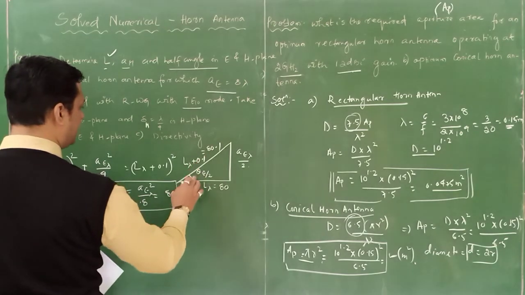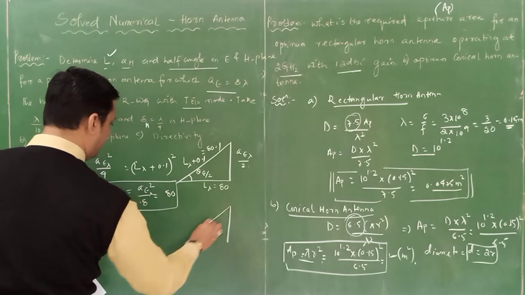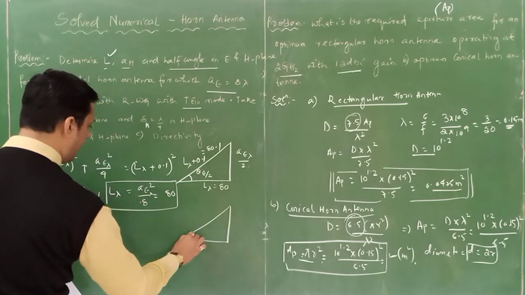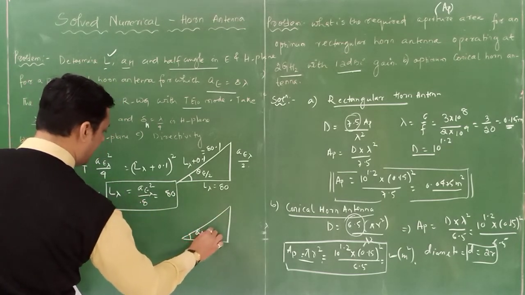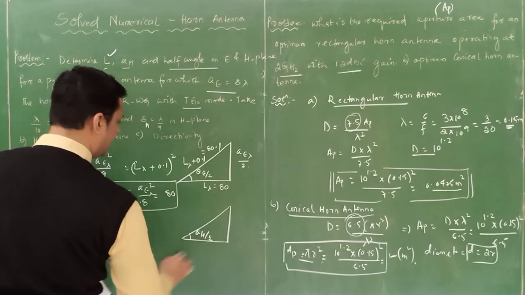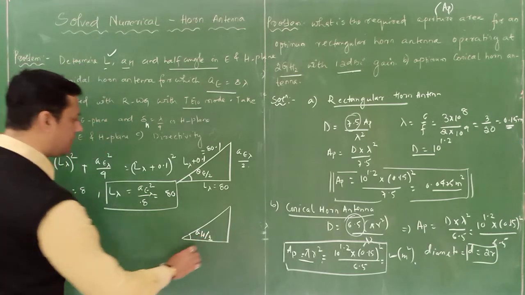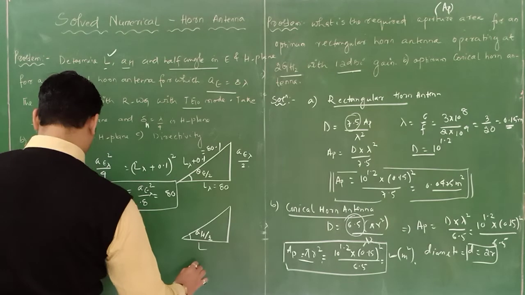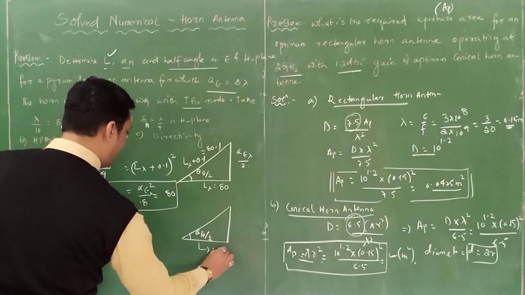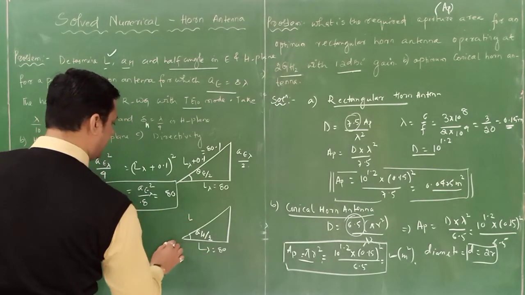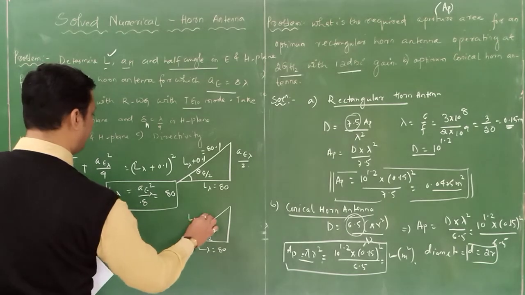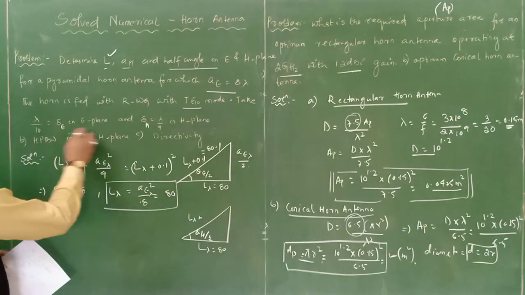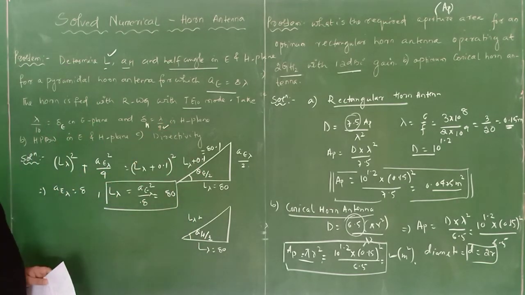So this is with respect to theta e. Then we have to identify the half of the angle, theta h by 2. Okay, theta h by 2. So here L lambda is equal to 80, we have identified. Here it is L lambda plus, in place of 0.1 we have 0.25.